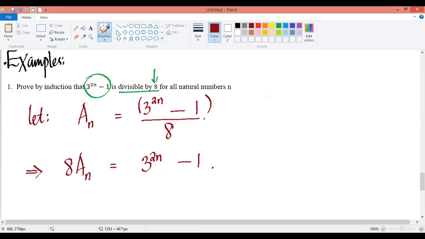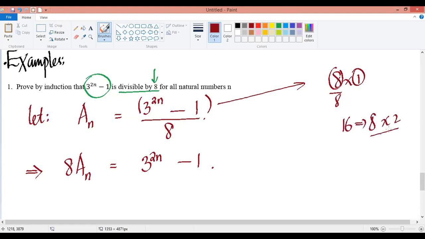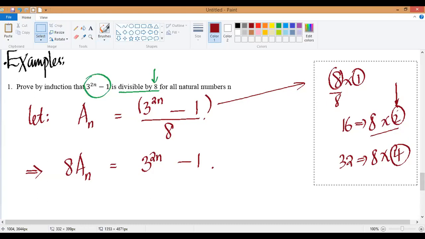If you get this expression as 8, it's as if it's 8 times 1, so when you divide by 8, the value of a will be 1. If you get 16, it is 8 times 2, meaning a is 2. If you get 32, it is 8 times 4, meaning a is 4, and so on.